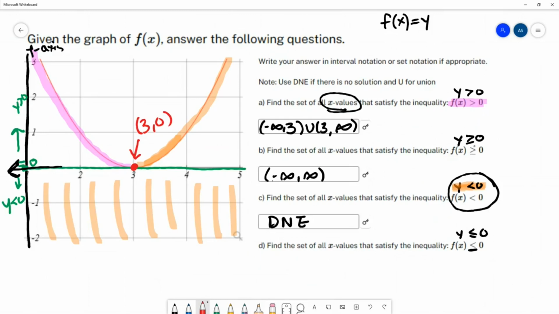So for this one, we're not able to write interval notation. We're going to write set notation, and we'll write a single point of 3. That is the only x value that satisfies the inequality.